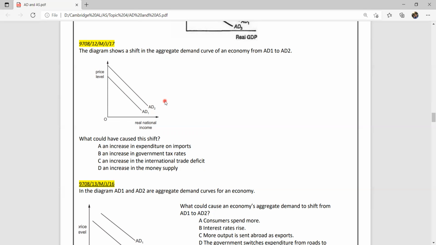Increase in international trade deficit. What does trade deficit mean? We will learn these words later. Right now, trade deficit means exports are lower than imports. Imports being greater means necessarily a leftward shift, not a rightward shift. The last one says increasing money supply.